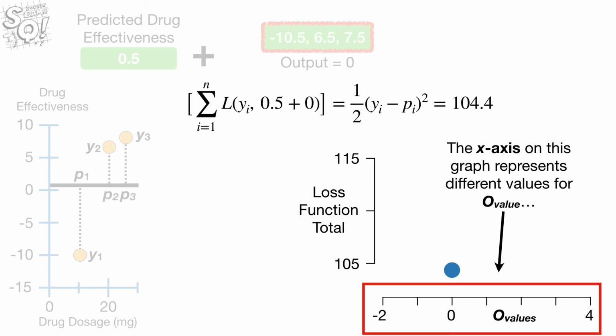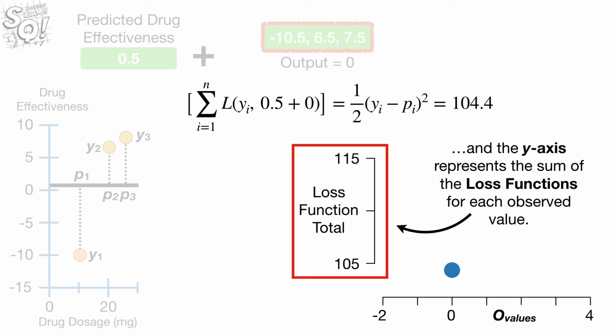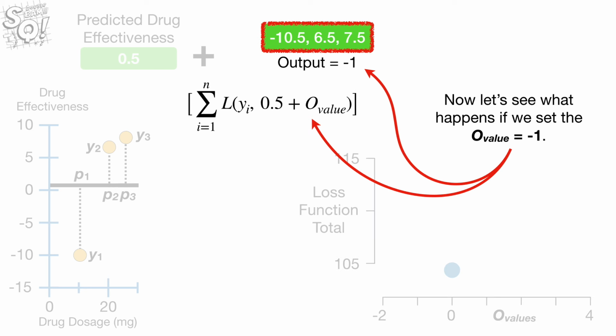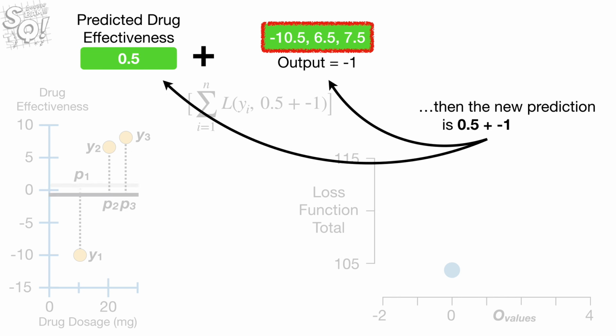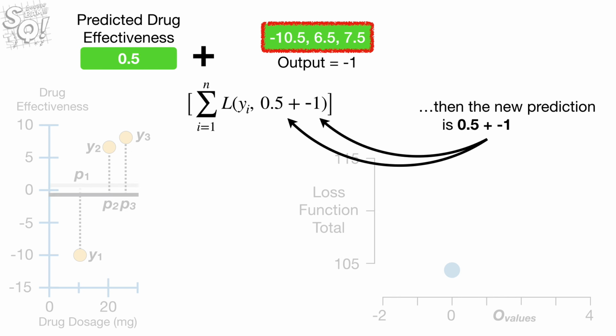The x-axis on this graph represents different values for the output value, and the y-axis represents the sum of the loss functions for each observed value. Now let's see what happens if we set the output value equal to -1. When the output value for the leaf is -1, then the new prediction is 0.5 plus -1, which equals -0.5.